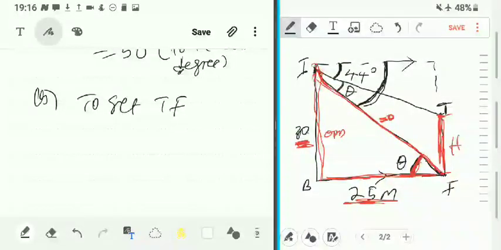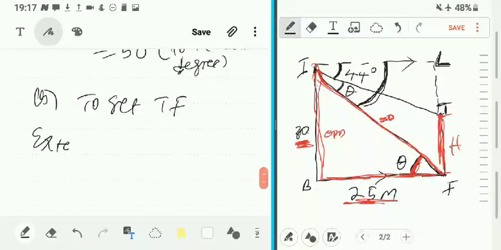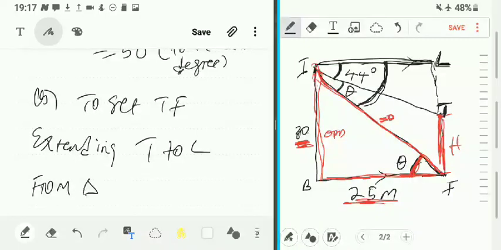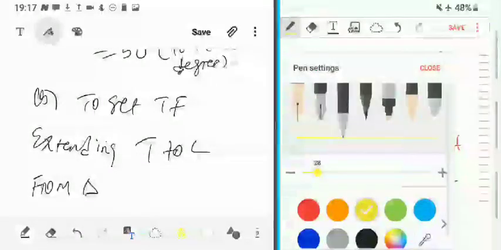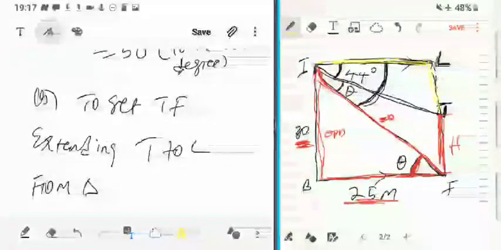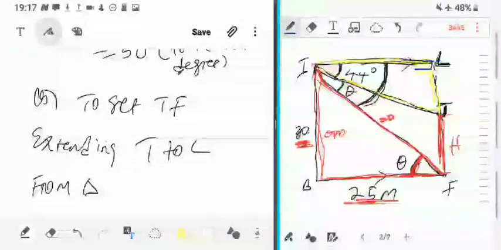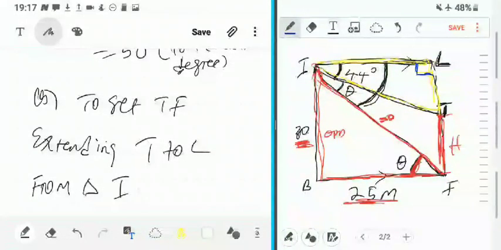I'm going to extend T to L, calling this point L. Now, from triangle ILT, let me highlight it in yellow, this triangle here, this is 90 degrees here.